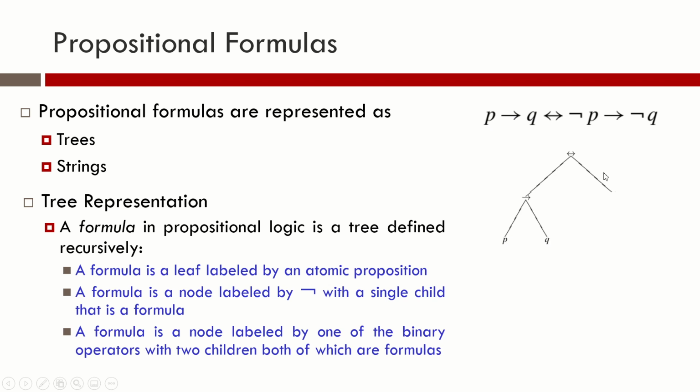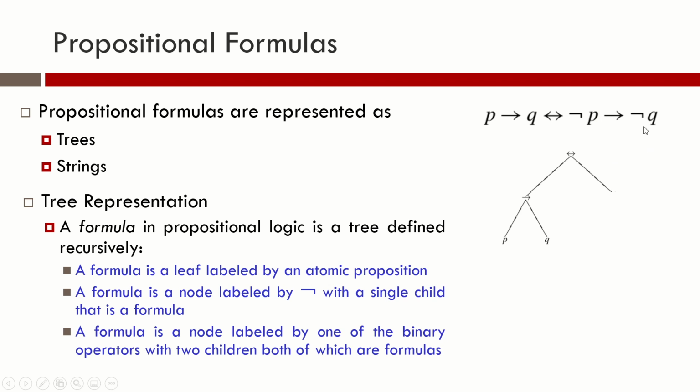The same way we build the right subtree also. In the right subtree, the formula is negation P implies negation Q. Here again the operator is implies, so we label this node with implies, which is a binary operator.